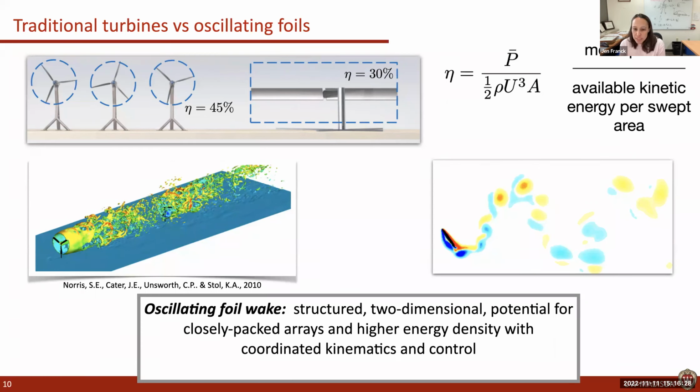If you could predict what this structure looks like, you could have a coordinated array of foils taking advantage of these structures. The analogy would be fish schooling or birds flocking and taking advantage of the unsteady dynamics of the birds and fish in front of them.